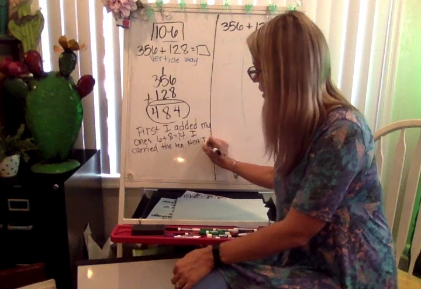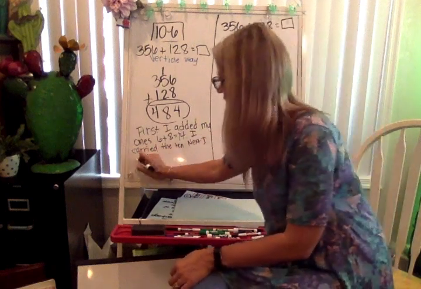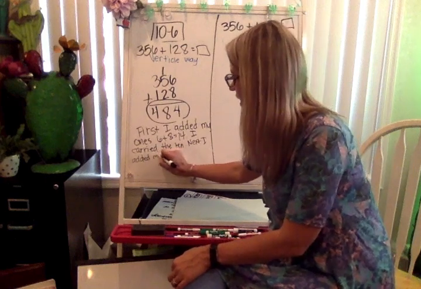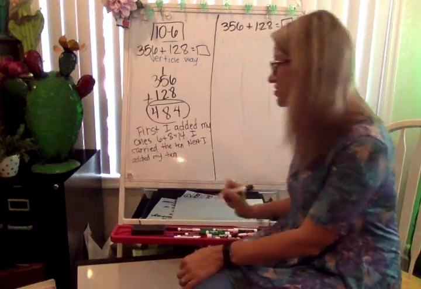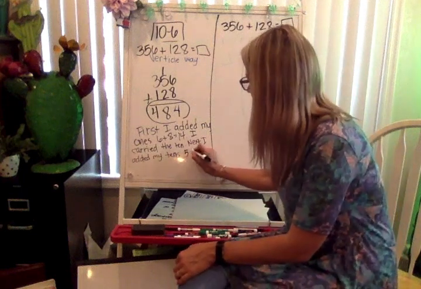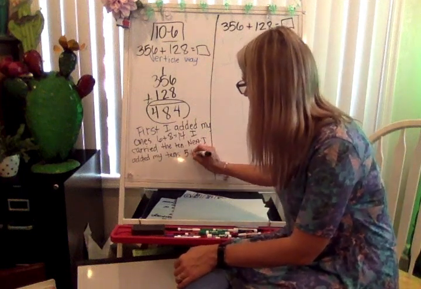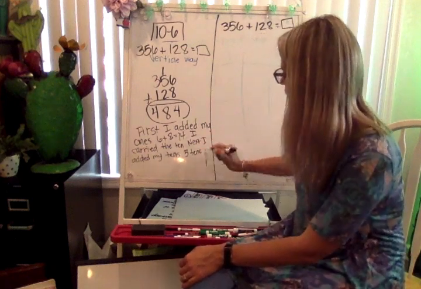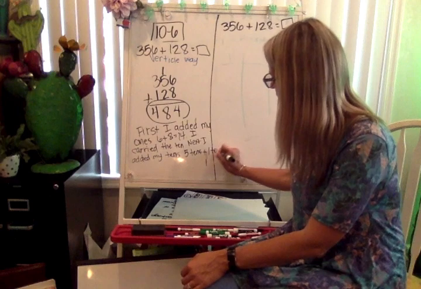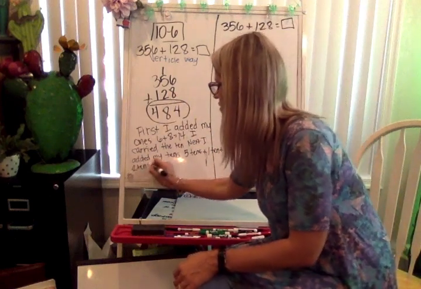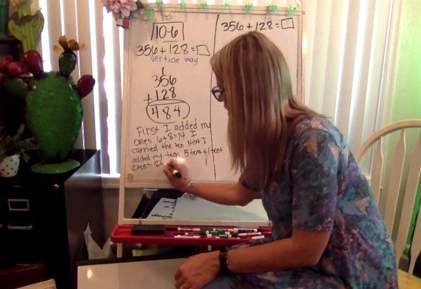Next, I added my tens, and essentially you could just say that you added your tens, 5 tens plus 1 ten plus 2 tens equals 8 tens.